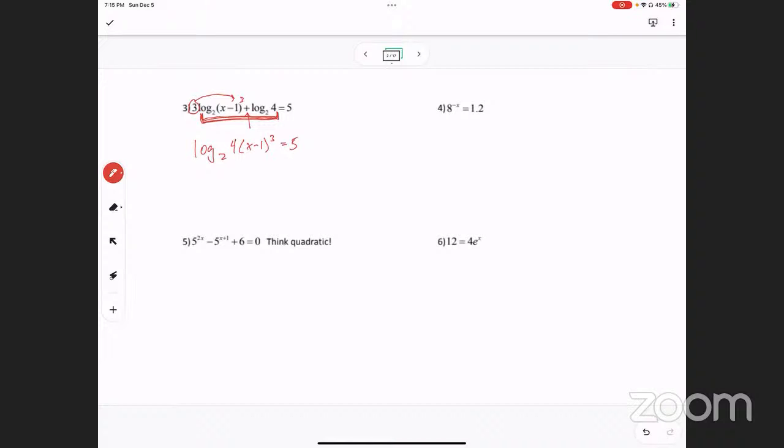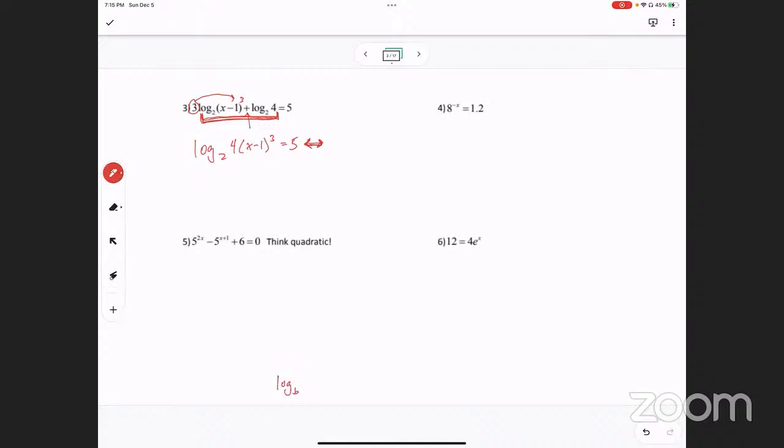And now, what can I do with this? Do you remember how you can convert this now, since it's just one single logarithm? How can you convert that to an exponential? Do you remember the equivalence? Well, let me remind you.